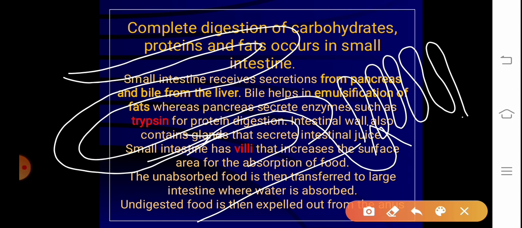They absorb the food and send it to the various parts of the body. How does it send? Through the blood, because the blood is the transporting system. Blood is present everywhere in our body. So through the blood, the villi transport the nutrients.